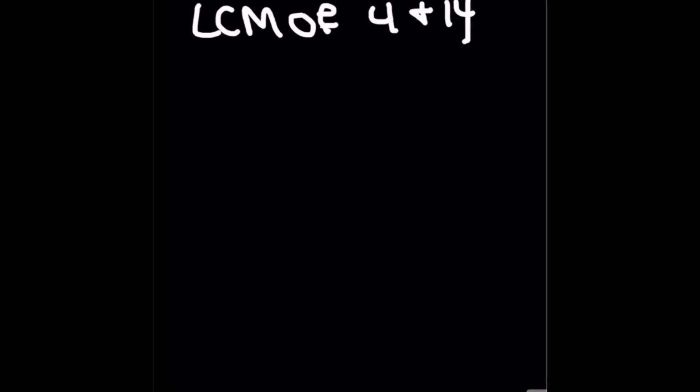Let's do one more problem. LCM of, let's see, 4 and 14. How about you pause this video, on a piece of paper or whatever, and try to solve this problem by yourself. I'm assuming now you've paused the video, and let's go over your answer. So let's do 4 first. List them out.